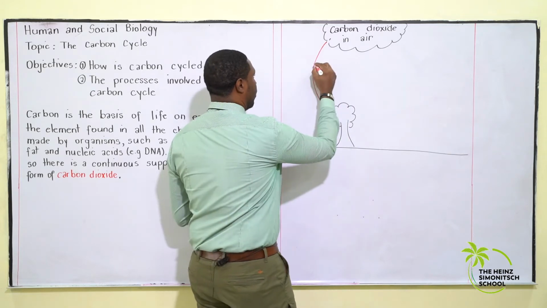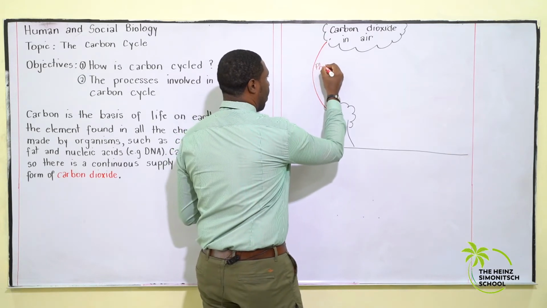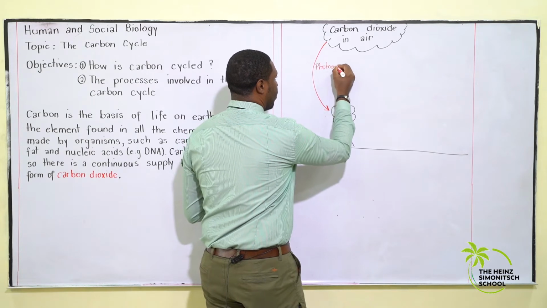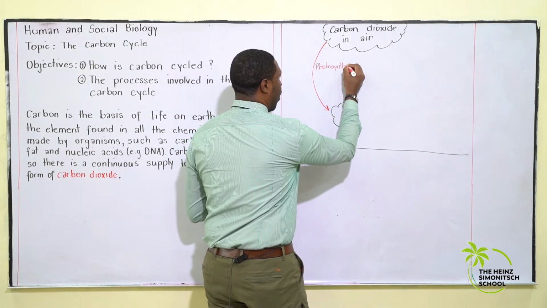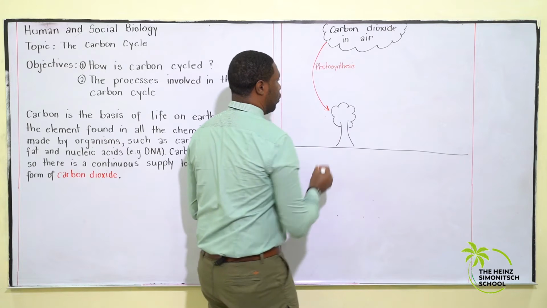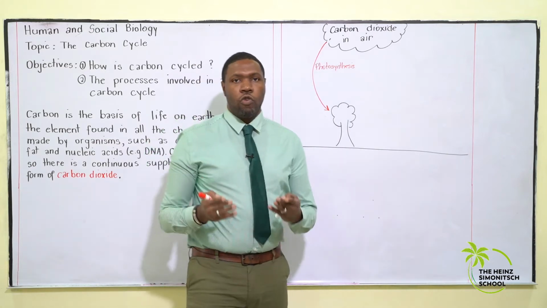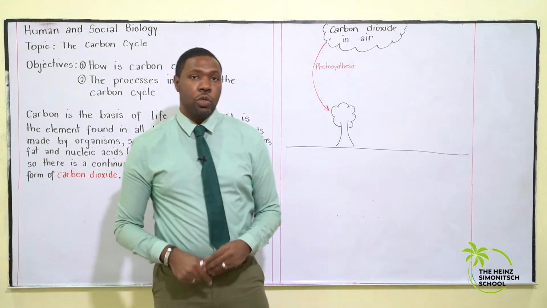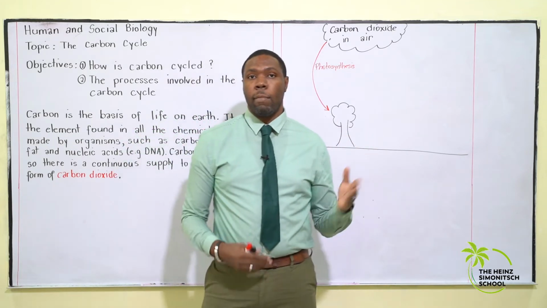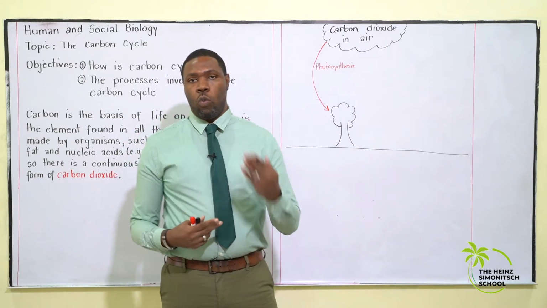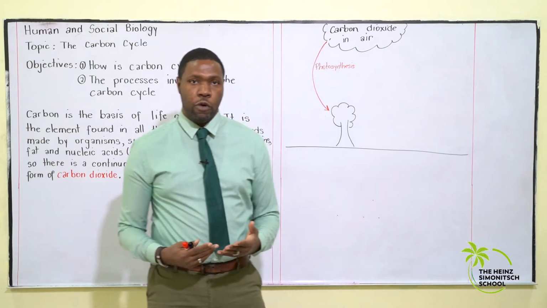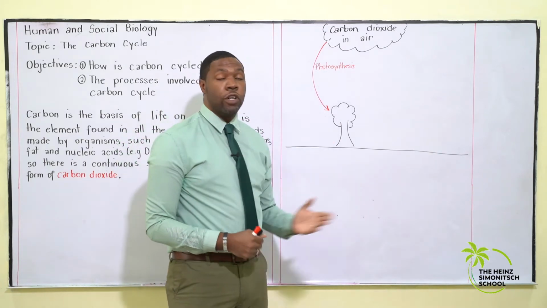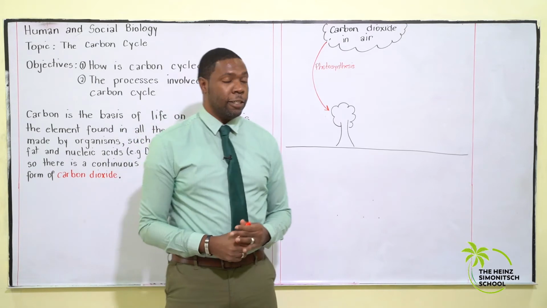Right, so that's photosynthesis. And you remember that photosynthesis is a process by which plants use carbon dioxide and water with light energy to produce food. All right, so that's the first process, photosynthesis.